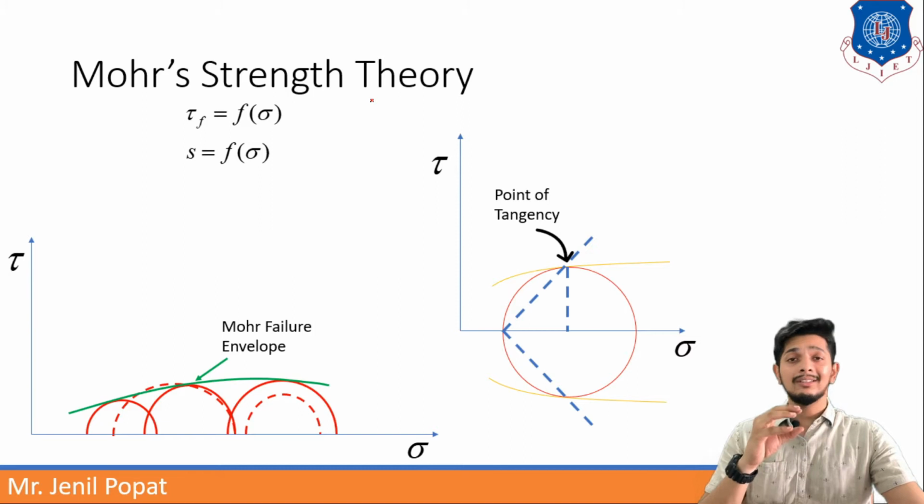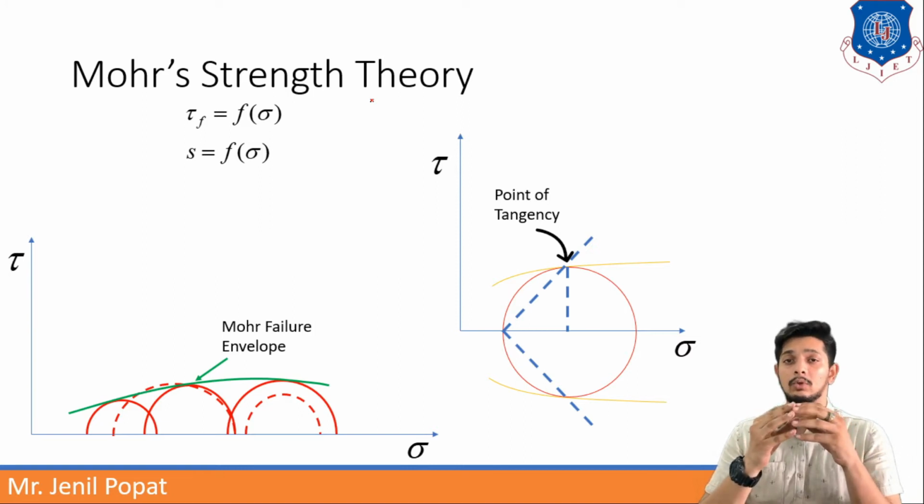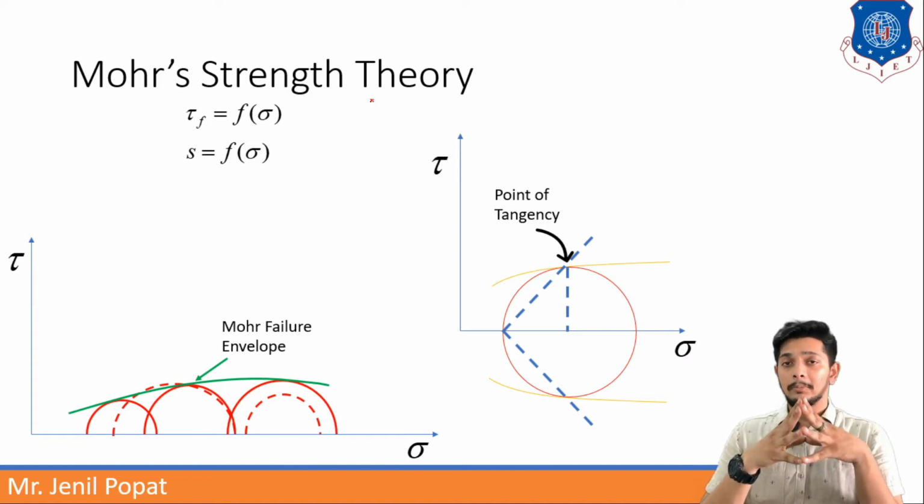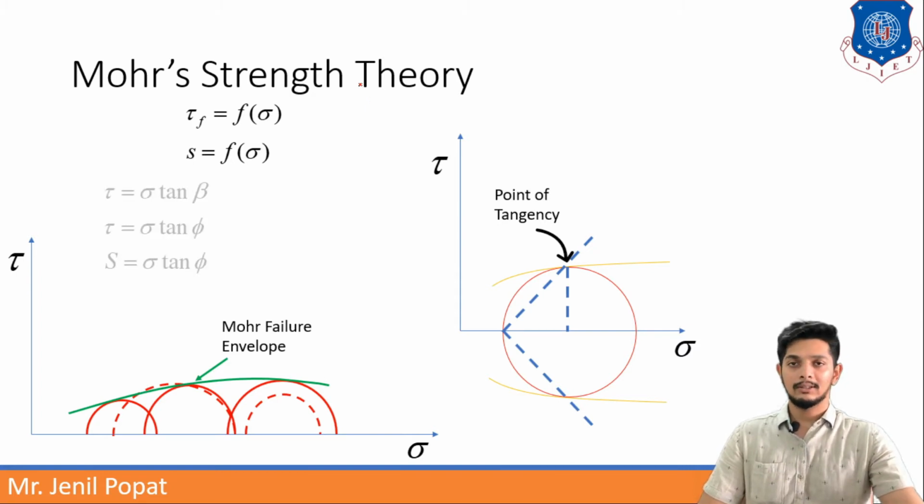At failure, that ultimate stress is obviously the shear strength of the soil. So we can also write S in place of tau f. So S is equal to a function of sigma, the normal stress.